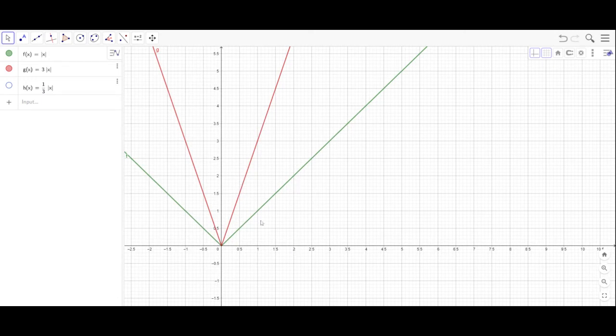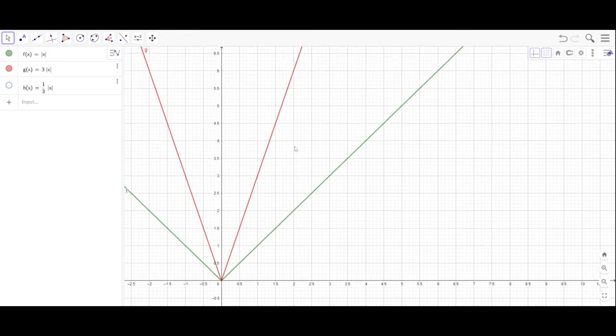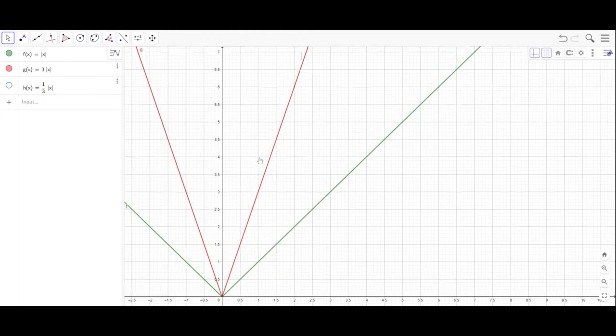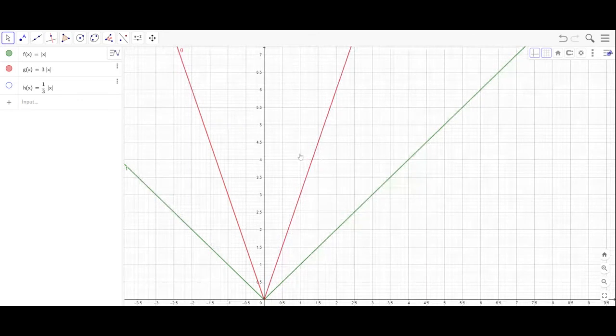But for the red one, at x equals 2, y is all the way at 6, because I multiplied it by 3. You see that? So x equals 2, instead of being at 2 for y, is already at 6. So it climbed a lot faster. Make sense? So this is a vertical stretch. You pulled it along the y-axis. You see that? So it's being stretched vertically.